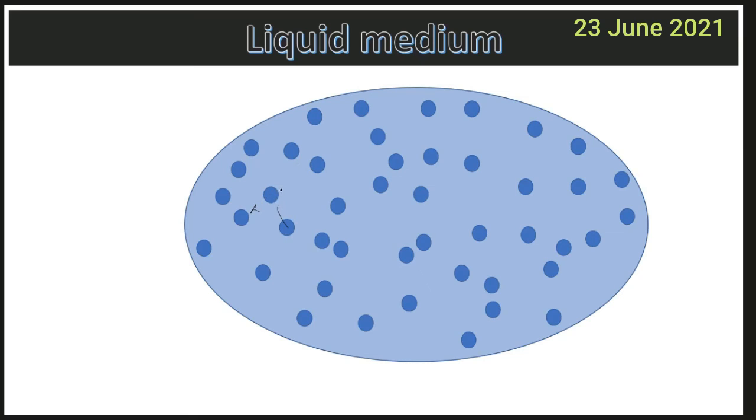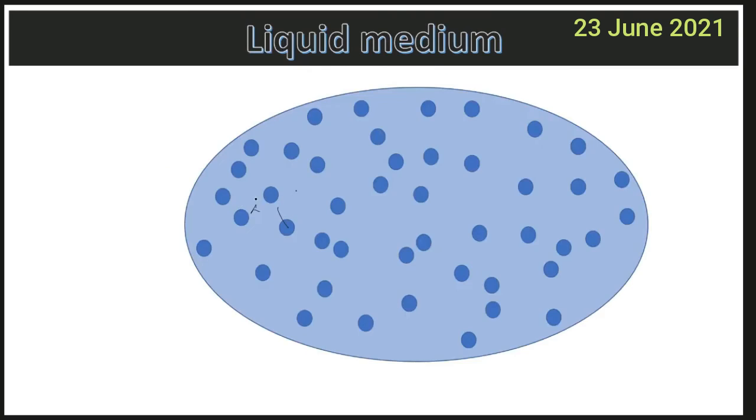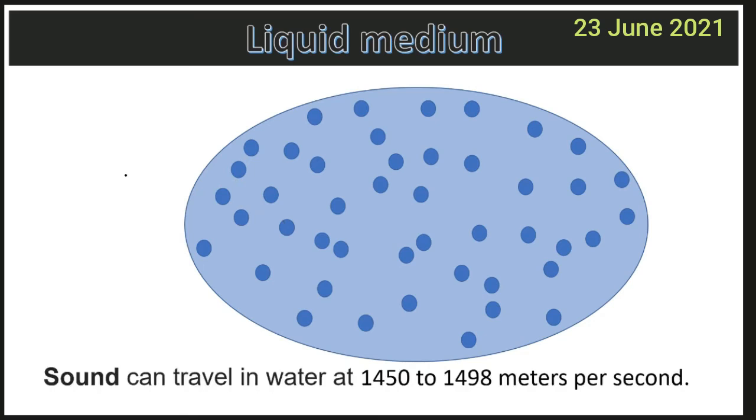Will it be more or will it be less? Why was it less here comparatively? Because it takes time for the sound to move from one end to another end here because of the distance. Here it is a slightly lesser distance, so the speed also will be comparatively more. So sound travels around 1450 to 1498 meters per second.